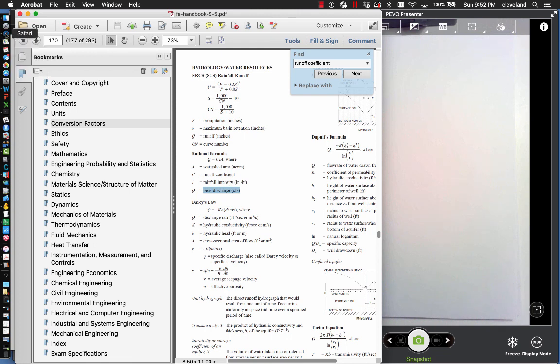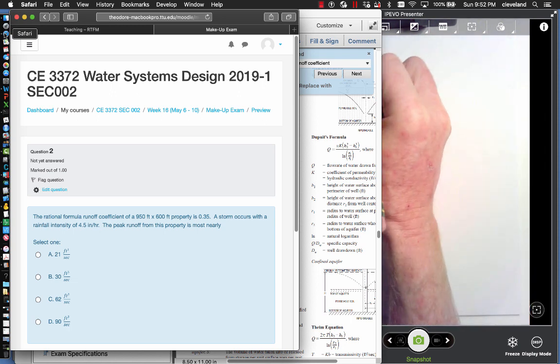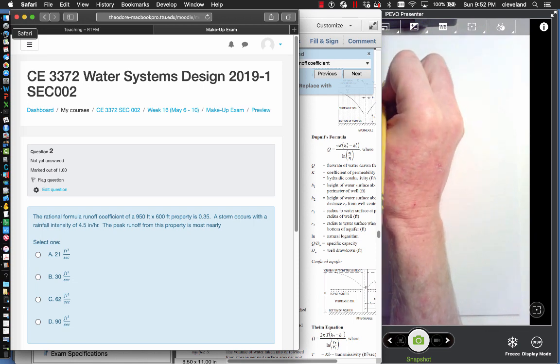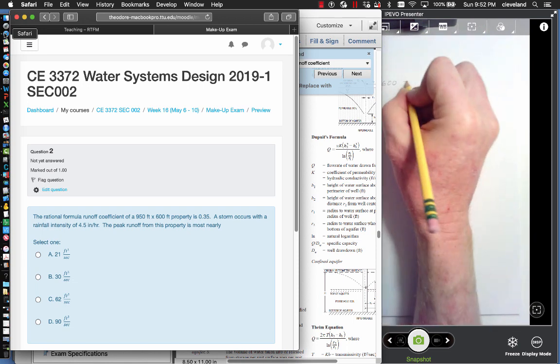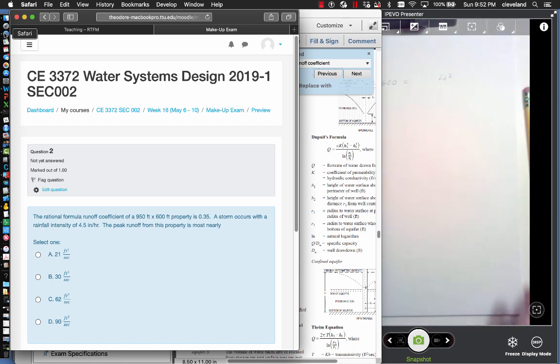Our particular problem is not yet in acres. We have area equals 950 times 600 square feet. Go ahead and perform the arithmetic.